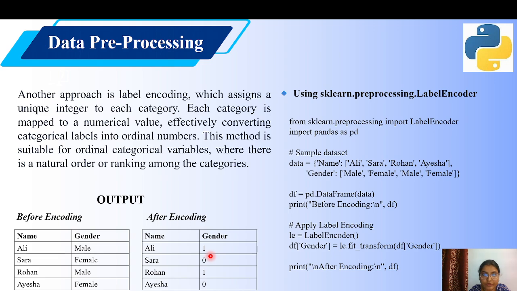That's how we encode this. This method is very suitable for ordinal categories, where there is a natural order. We will use fit_transform on gender. After encoding you will see the results over here.